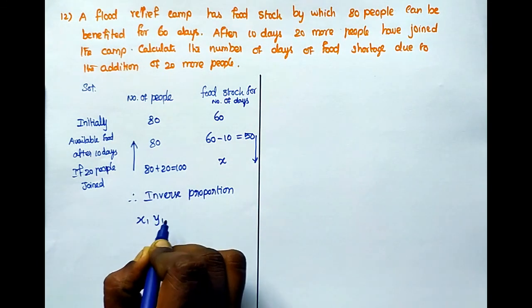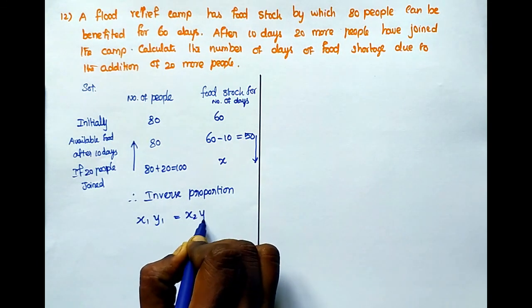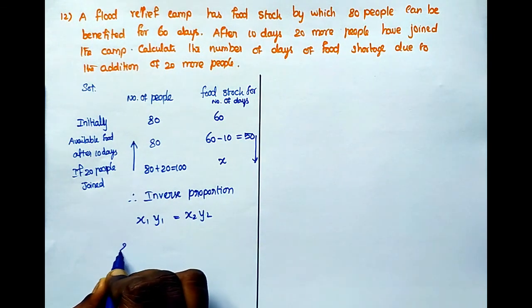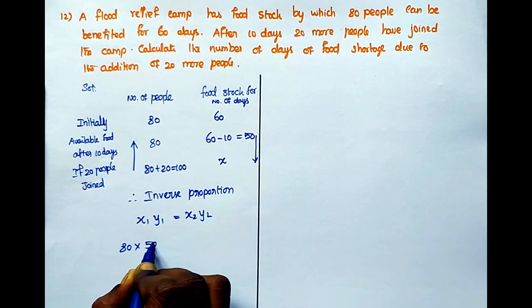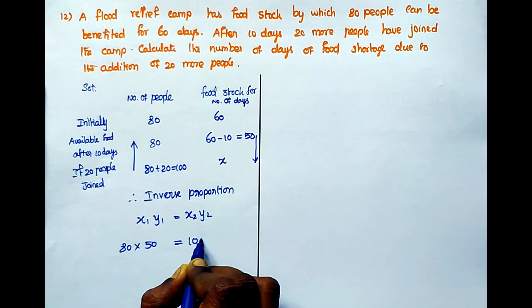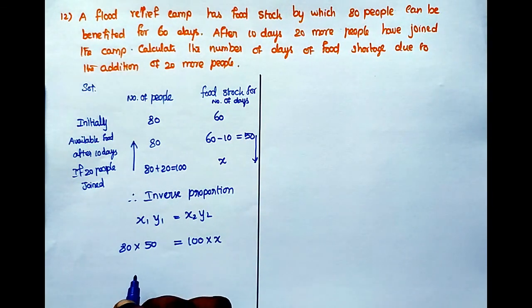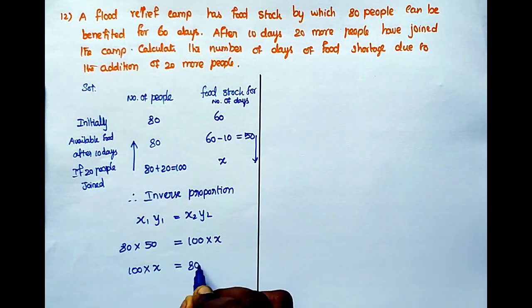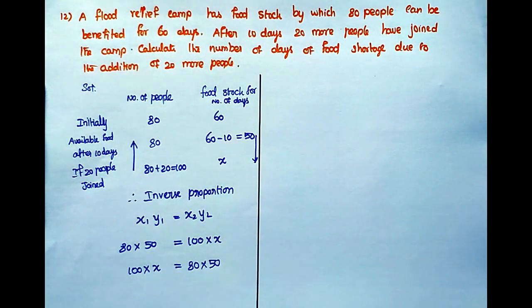x1 y1 equal to x2 y2. So 80 into 50 is equal to 100 into x. Change the LHS and RHS. Here 80 into 50.